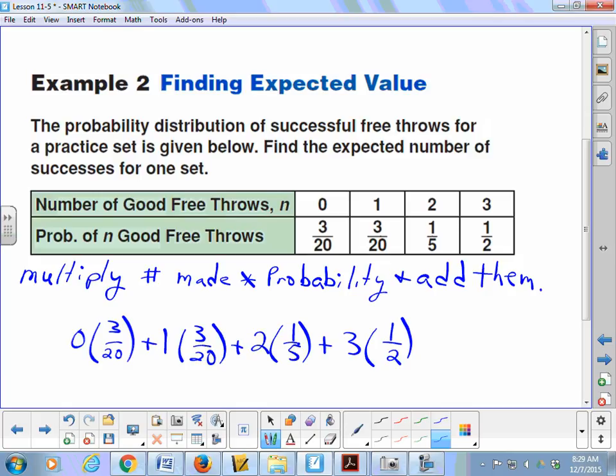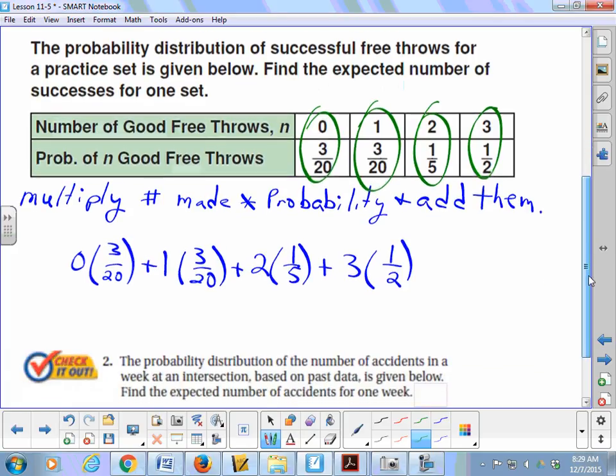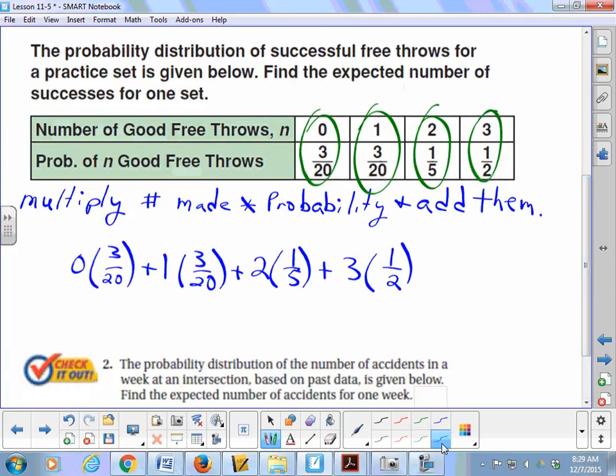So it works out really nice because when we're doing expected value, we are going to multiply these columns together, right? And then just add those answers up. So we get 0 plus 3 over 20 plus 2 over 5 plus 3 over 2 when I multiply them together.